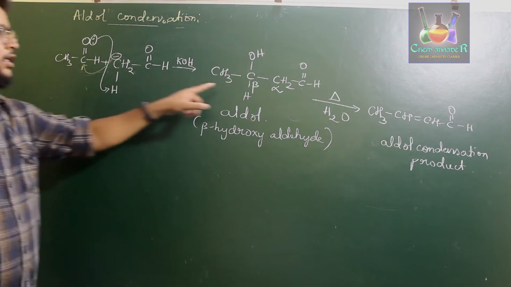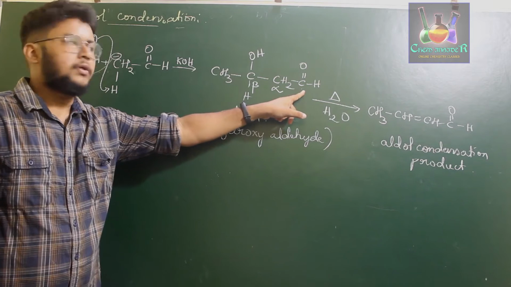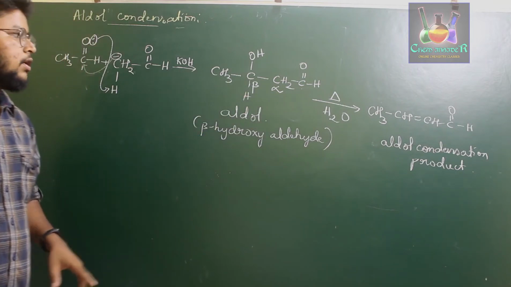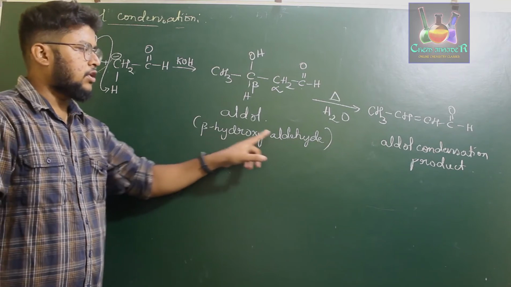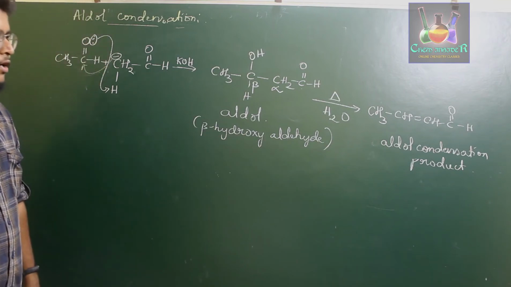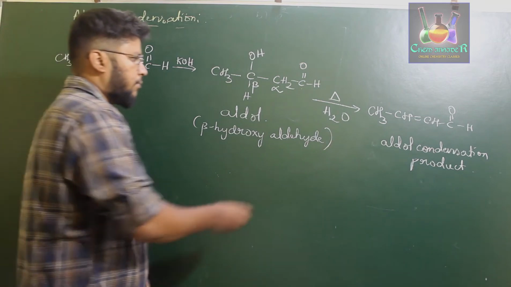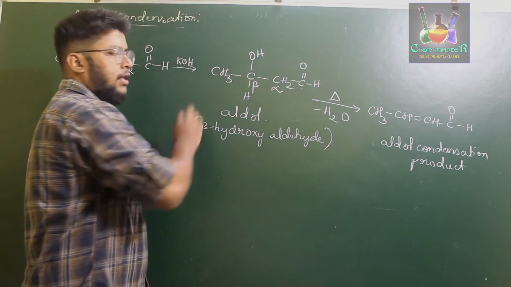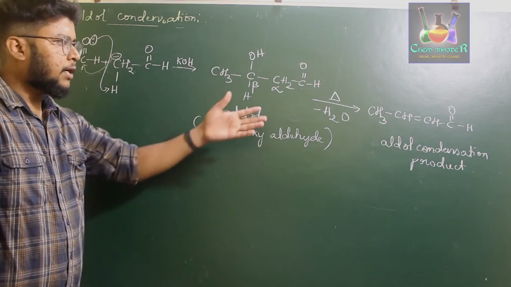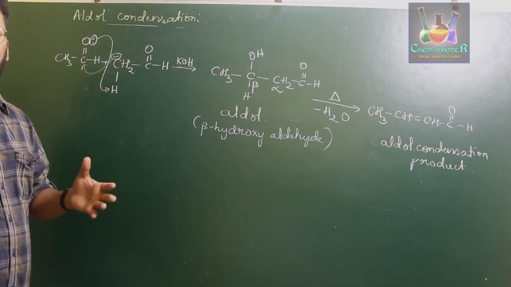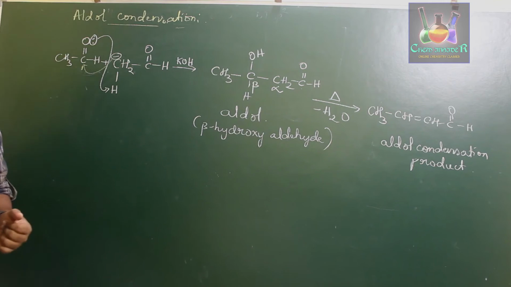So it leads to the formation of a bond between the carbon of one aldehyde group and the carbon of the other aldehyde group, forming an aldol product, which is called the beta hydroxy aldehyde. Since this beta hydroxy aldehyde is not quite stable, it readily loses a molecule of water between the alpha and the beta carbon atoms, leading to formation of a double bond. That particular compound is called the aldol condensation product, and this whole reaction is called the aldol condensation.